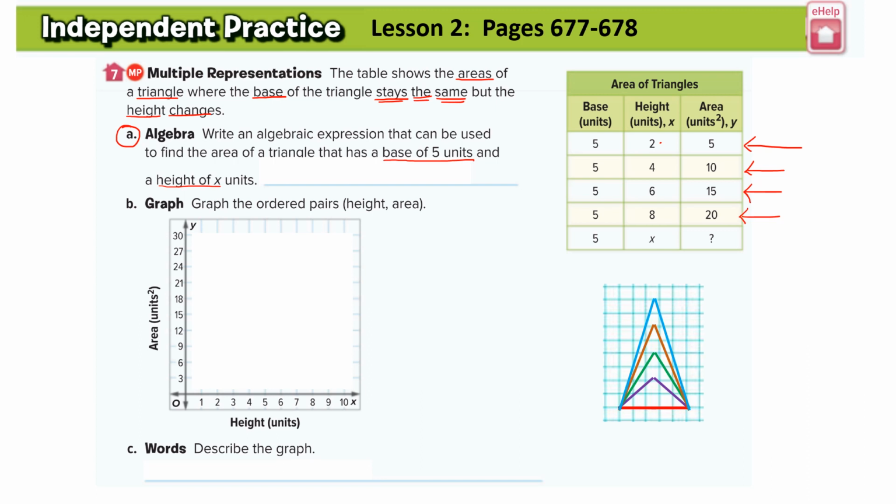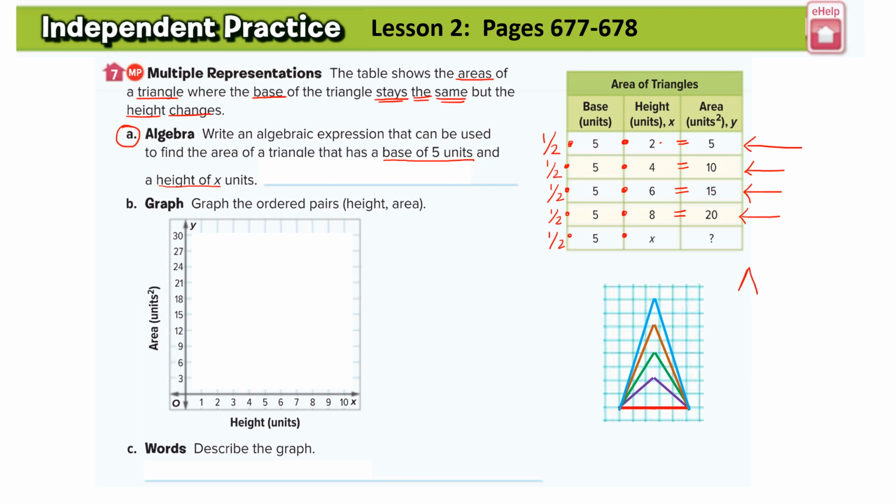When I look at this table, I know that 1/2 times 5 times 2 equals 5. 1/2 times 5 times 4 equals 10. 1/2 times 5 times 6 equals 15. 1/2 times 5 times 8 equals 20. 1/2 times 5 times x equals what?